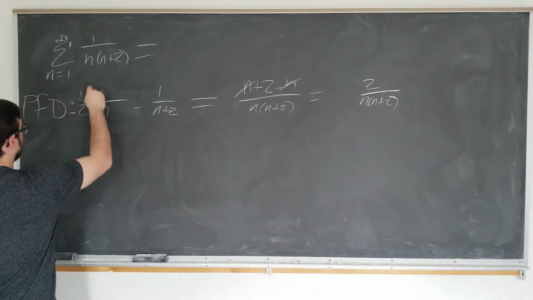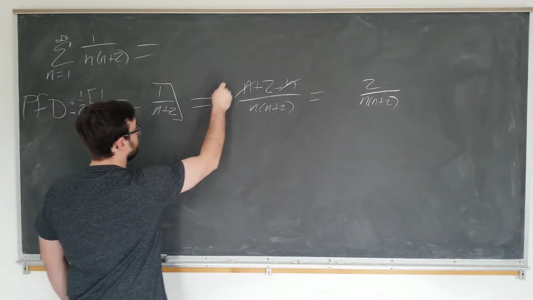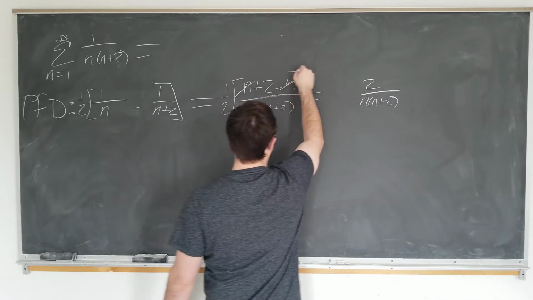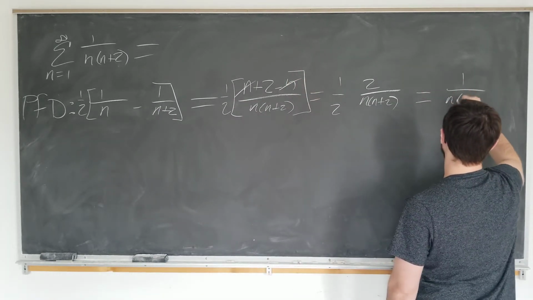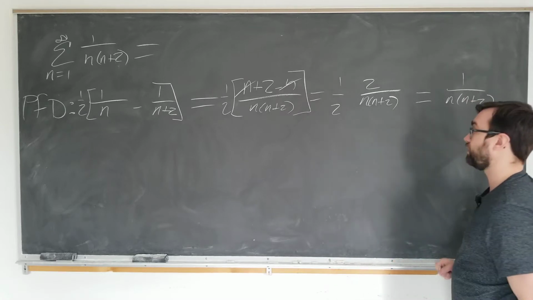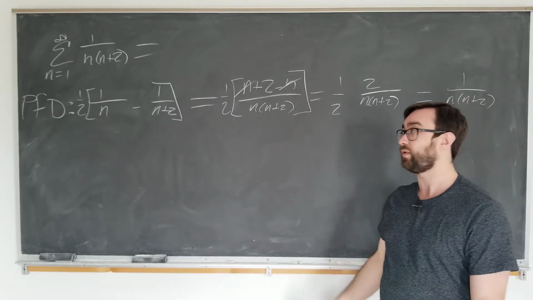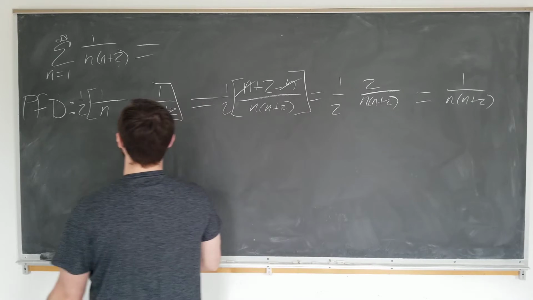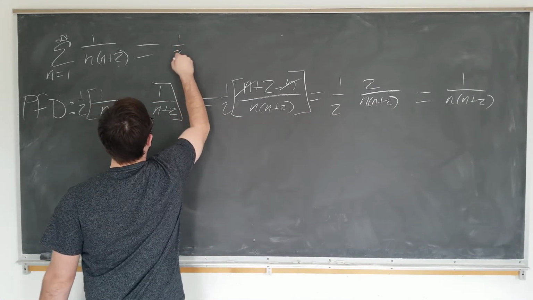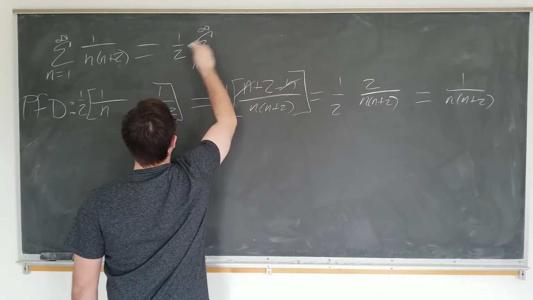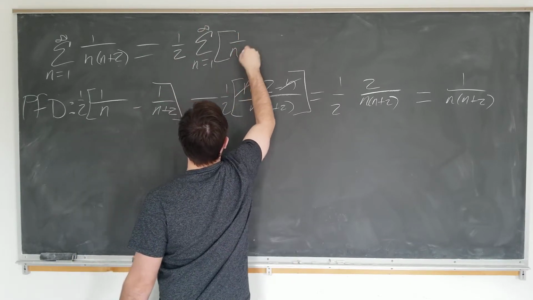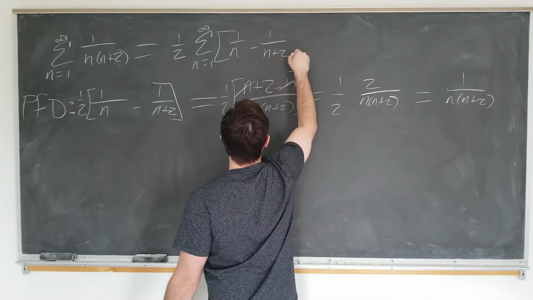This is actually 1/2 times this, which is equal to 1 over n times n plus 2. So we see that we can do the same thing as before, we just have an extra half. So let's do that. It's going to be 1/2 times the sum n goes from 1 to infinity of 1 over n minus 1 over n plus 2.